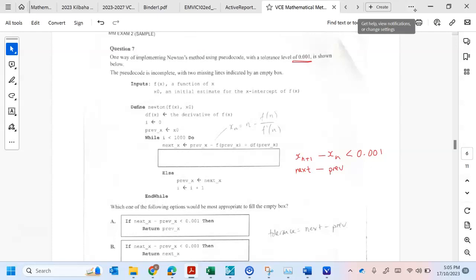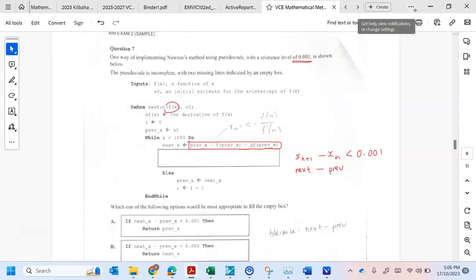And so here we've got, I'm just thinking what I'm reading. So we've got Newton's method, we've got a function, f of x. I don't think it really matters what f of x is in this one because we're only looking at tolerance level.